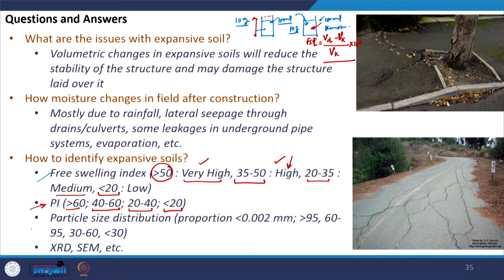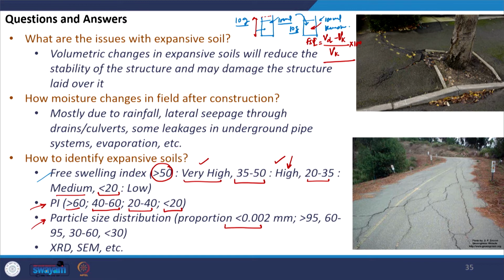The other easy method in the laboratory is to see the particle size distribution. We have learned about the hydrometer analysis, we know how to do particle size distribution of fine grained soil, and based on the size distribution curve, we can look at the proportion of material which is less than 0.002 mm.